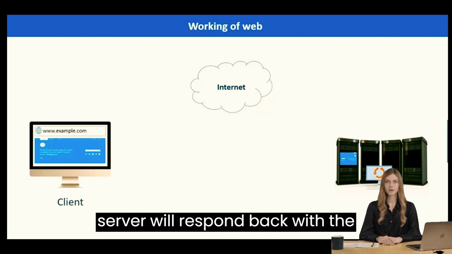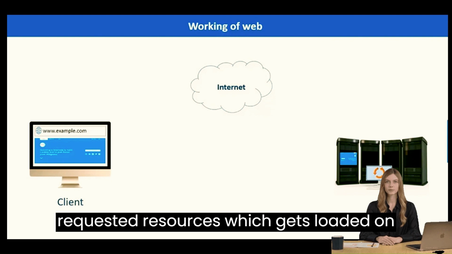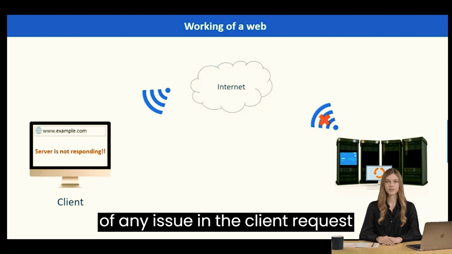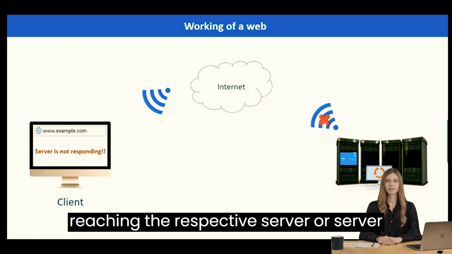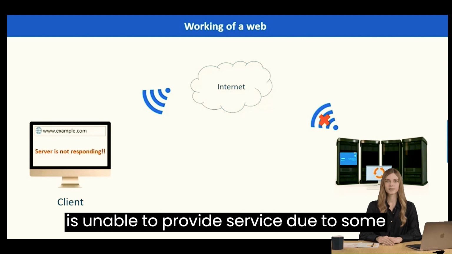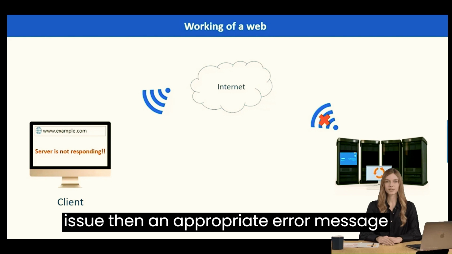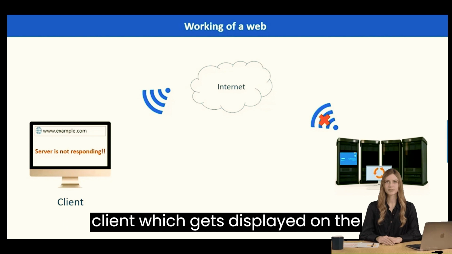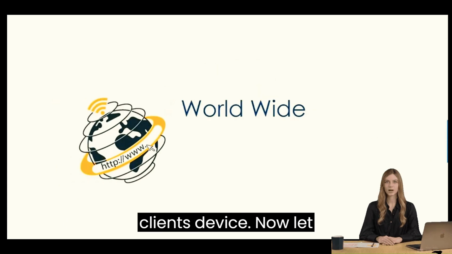The server will respond back with the requested resources, which gets loaded on the client's device. In case of any issue in the client request reaching the respective server, or the server is unable to provide service due to some issue, then appropriate error message details will be sent as a response to the client, which gets displayed on the client's device.